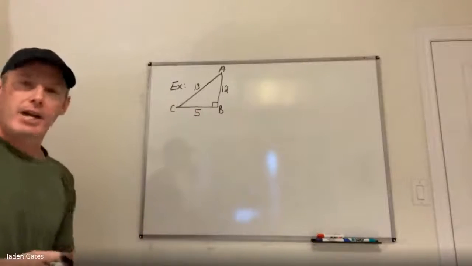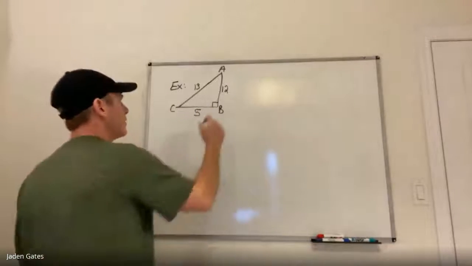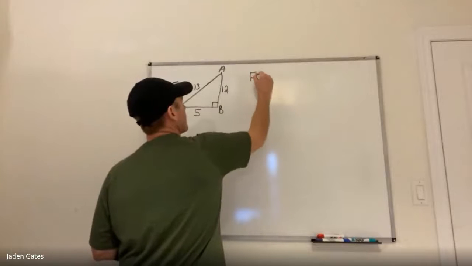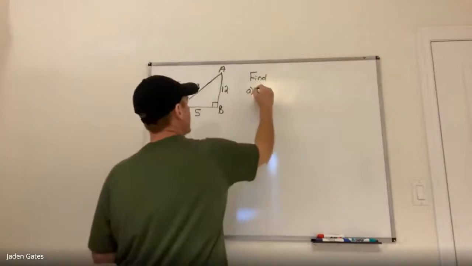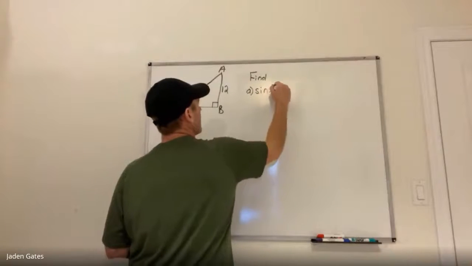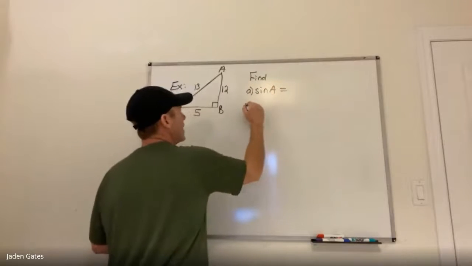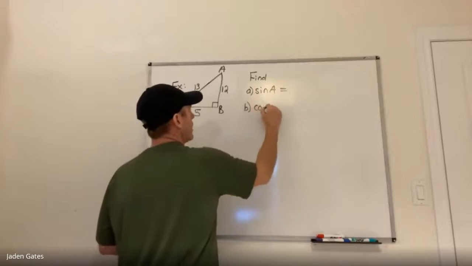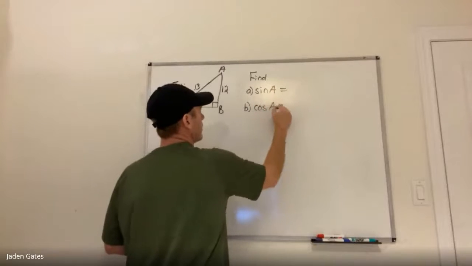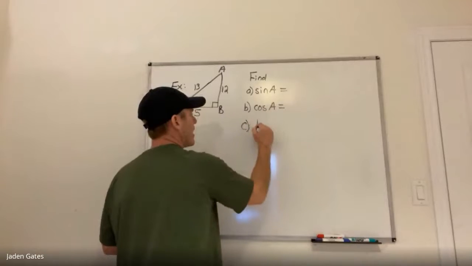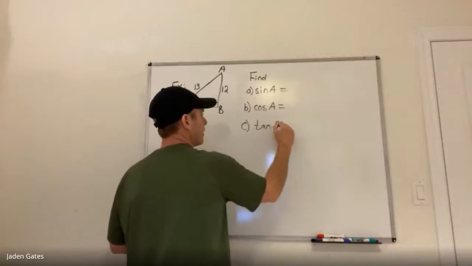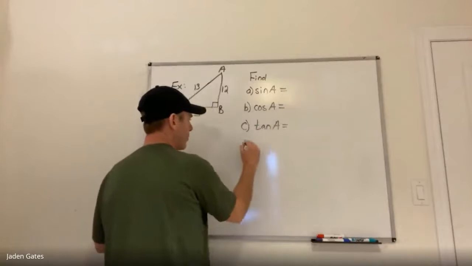All right, and here's what I want to find. A, sine A, B, cos A, C, tan A. And I'm going to keep going here.